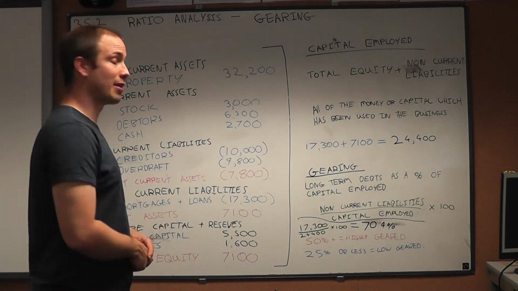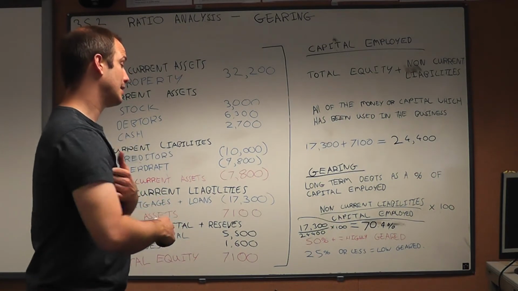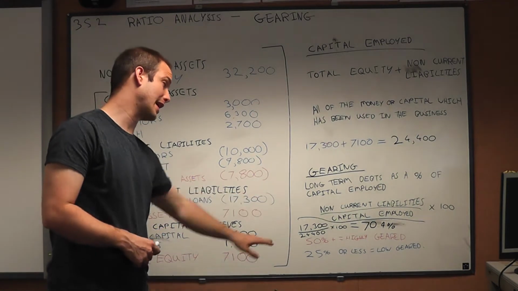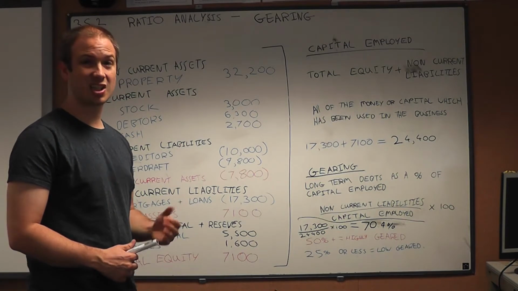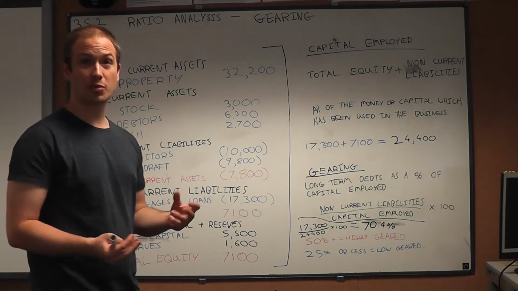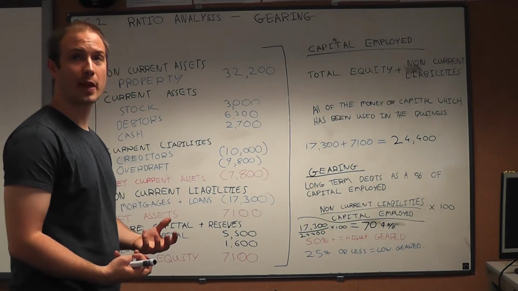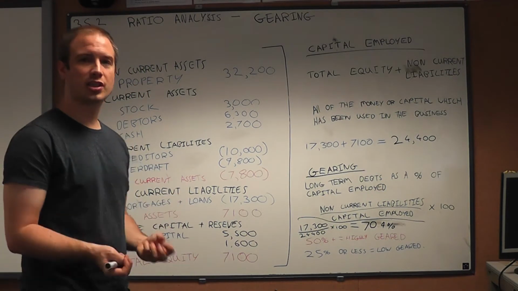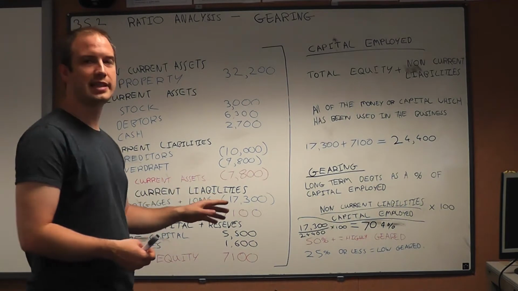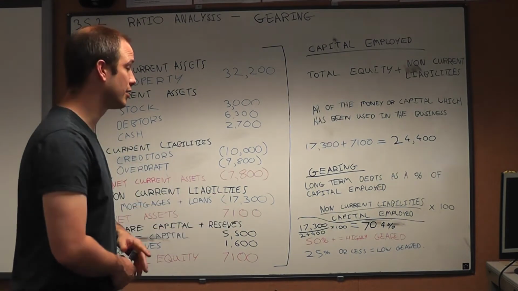We have the other end of the spectrum though. A business could be lowly geared. At 25% or less, a business is considered lowly geared, which means it will not have big interest payments to pay. However, we could consider that perhaps there are opportunities that the business is not taking advantage of.